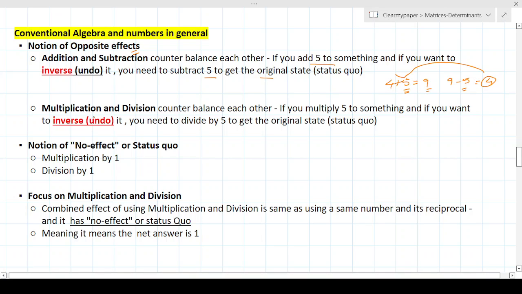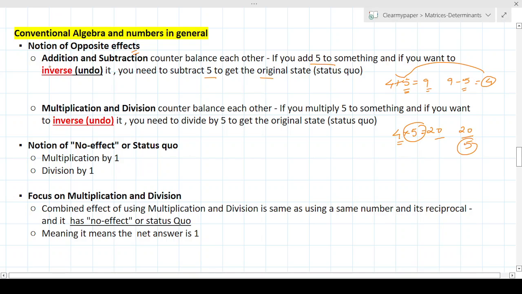Similarly, in conventional algebra, multiplication and division do the same thing, right? For example, if you multiply 4 by 5, it gives 20. But I want to get back to my original number 4, right? Then what I do is I take this new number 20 and I divide by 5. So this and this kind of balances out. So in the sense of conventional algebra, these operations kind of inverse each other's effect.